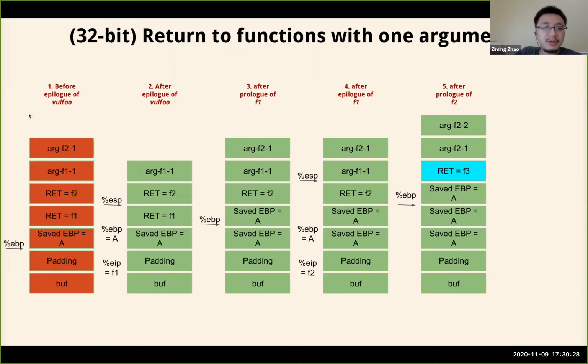A limitation of the original return-to-libc attack is that if we want to chain functions together and the first function has arguments, then we can only chain 2 functions together. We cannot chain any more than that, because at the original return address we put the address of function 1, then 4 bytes, or 8 bytes if it's 64 bits.